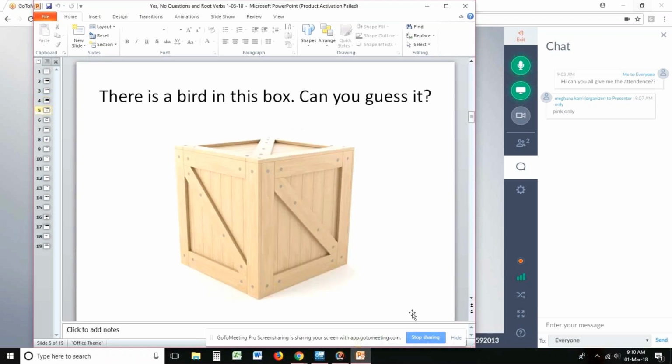Now there is a bird in this box, and can you guess it? As you've already done it, you know how to guess it, and you know that you have to ask questions, and I will give you an answer in yes or no. All right. You can ask me questions about what bird is there in the box.